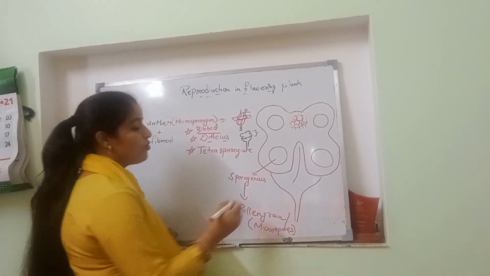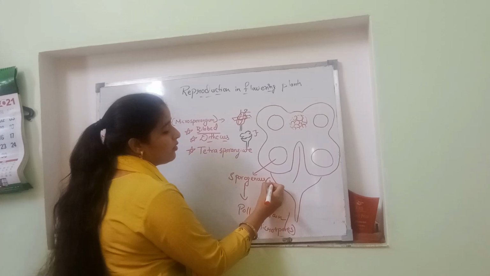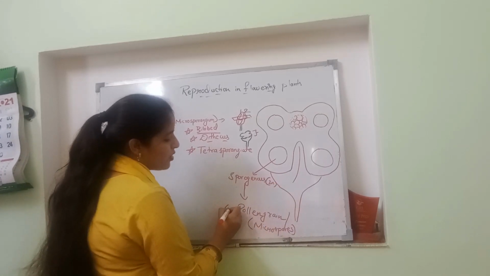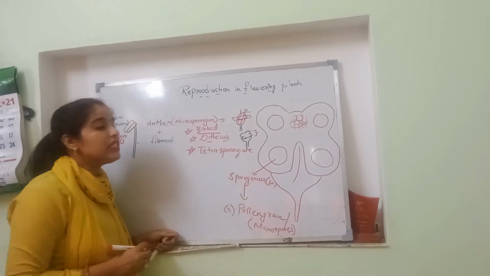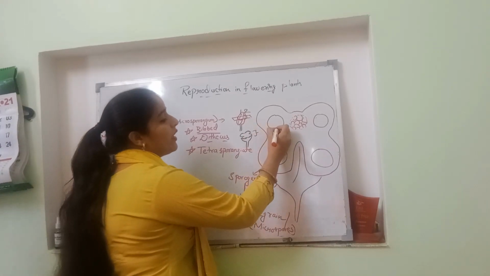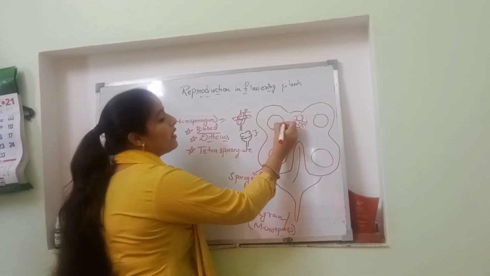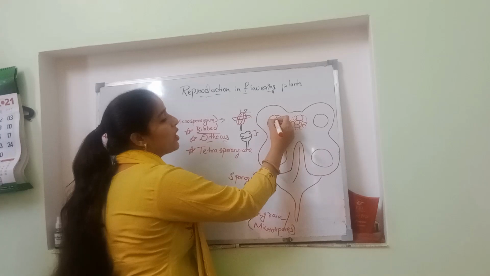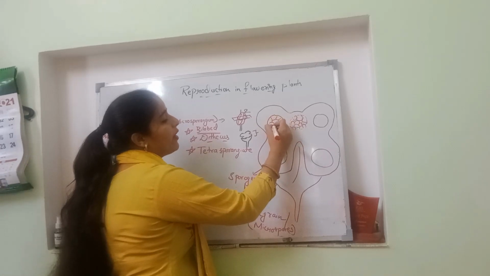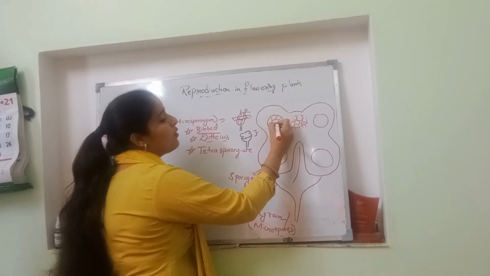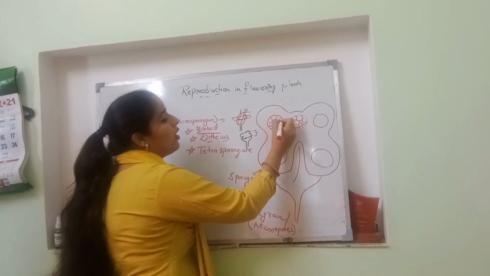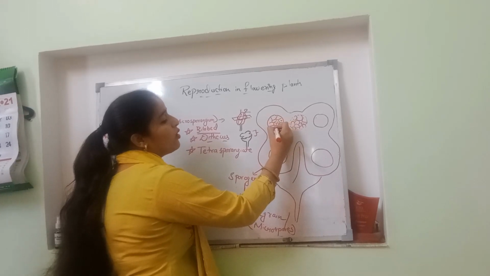Sporogenous tissues are diploid and pollen grains that are produced are haploid. So each cell present in this sporogenous tissue is diploid, and each one of them is undergoing meiosis.